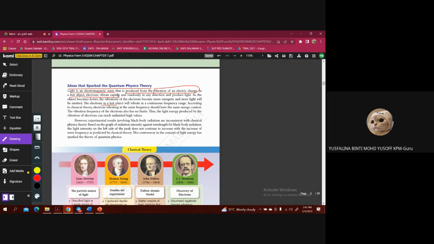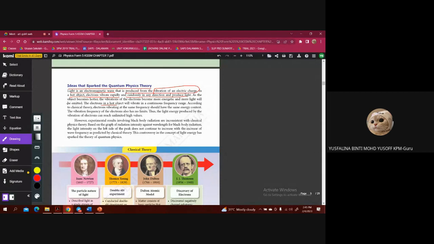When you apply heat to the object or to the atom, they will vibrate rapidly because the heat energy you give turns into kinetic energy. They vibrate and randomly move in any direction and produce light.